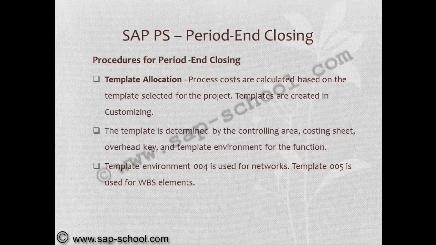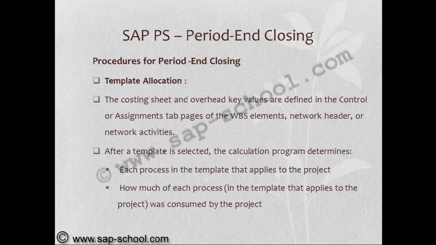Template environment 004 is used for networks, 005 is used for WBS elements. The costing sheet and overhead key values are defined in the control or assignments tab pages of the WBS elements, network header or network activities.